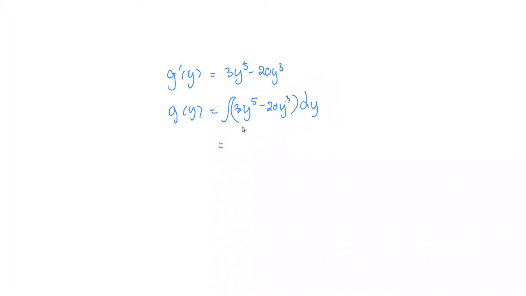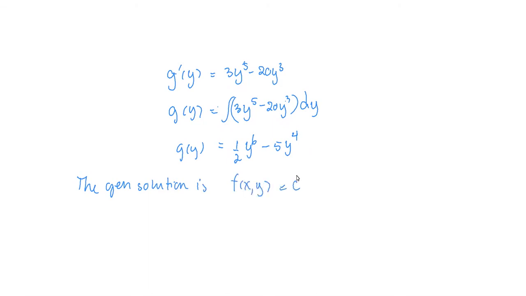That gives us 3y to the 6 over 6, or 1/2 y to the 6, minus 5y to the fourth for the g of y. Therefore, the general solution is of the form f of x, y equals c, or 1/2 x squared y to the fourth plus 1/2 y to the 6 minus 5y to the fourth equals c.